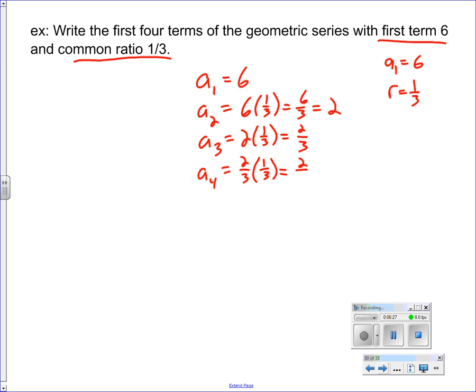That's going to make 2/9. So there's our first 4 terms. Every time we go from one term to the next, we're multiplying by 1/3. That's what makes it a geometric sequence.